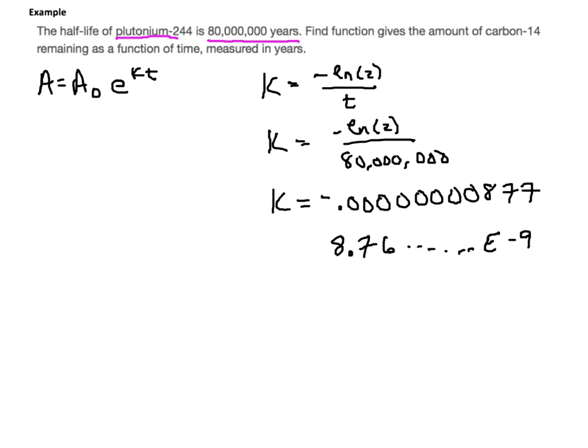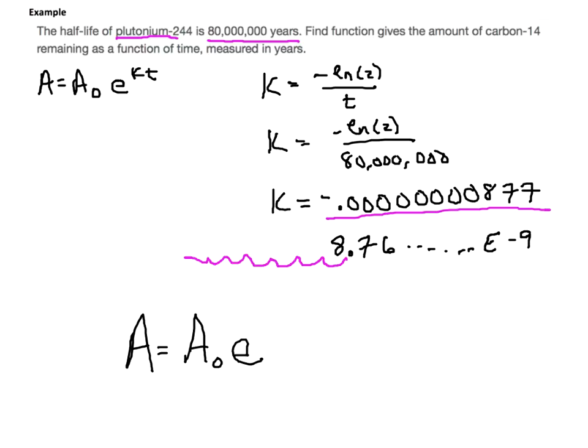That means you've got to move the decimal place 9 places to the left to get what that number actually is. So be mindful of what your calculator is showing you. So now we can write the model for this situation, and the model is A equals A sub 0 times e to the negative 0.000000000877t.